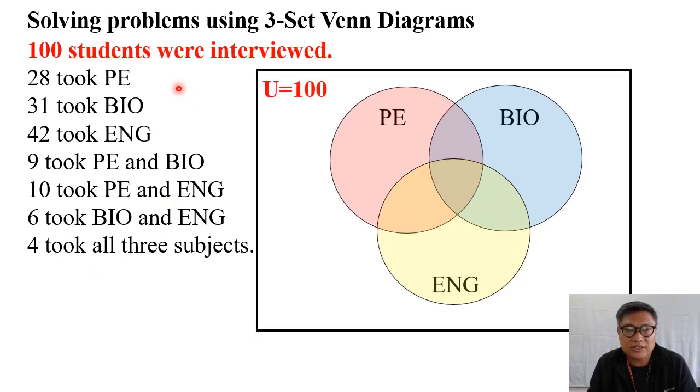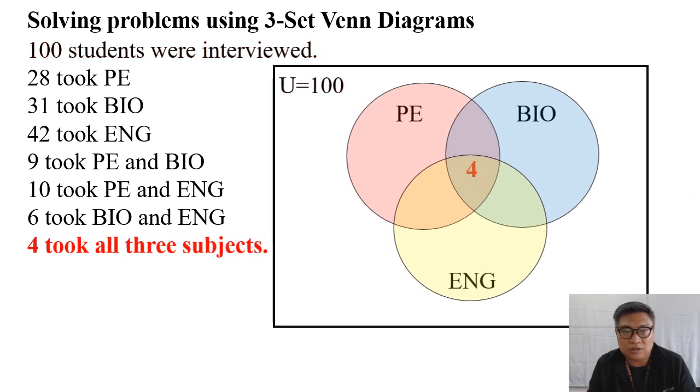But first, we put the total number of students. So there are 100 here. Then we start with the intersection of the 3. Because 4 took all the 3 subjects, we put the 4 here. Then we can start going up.